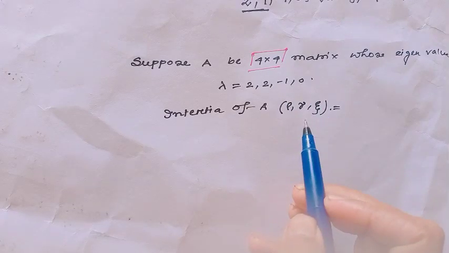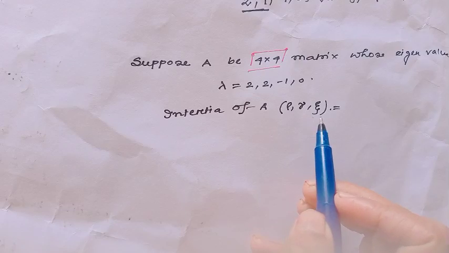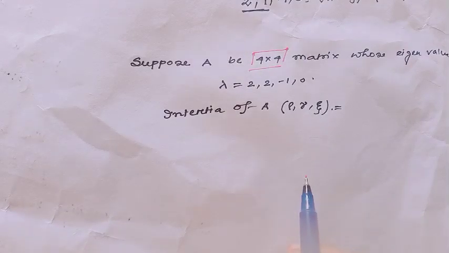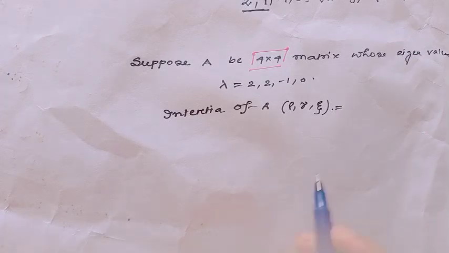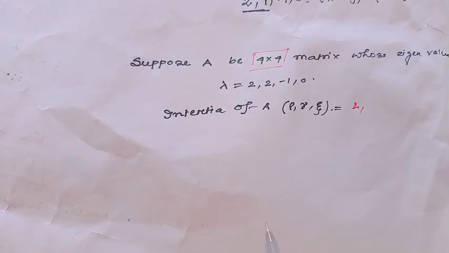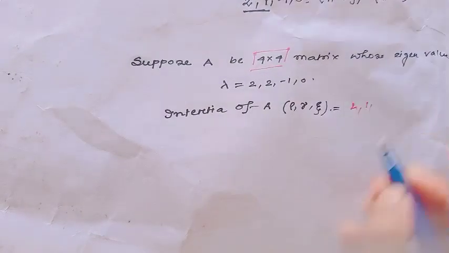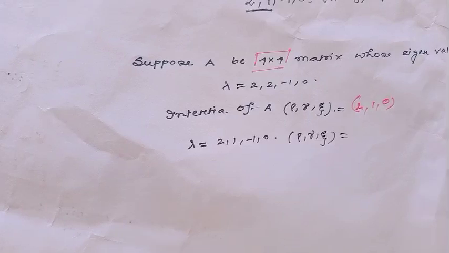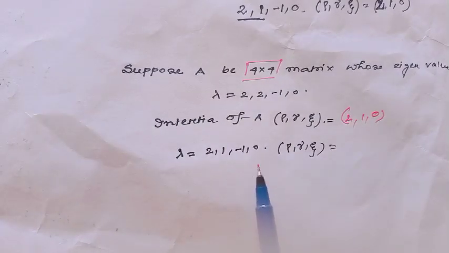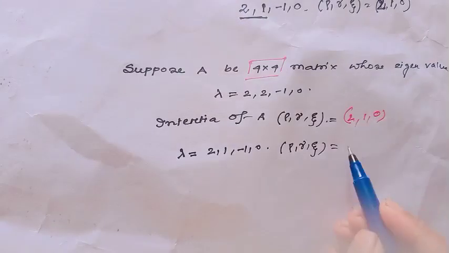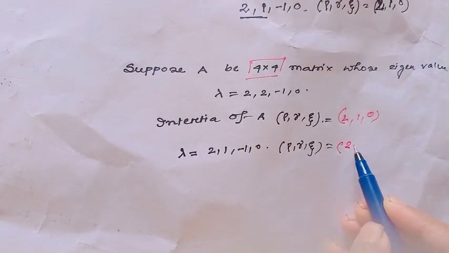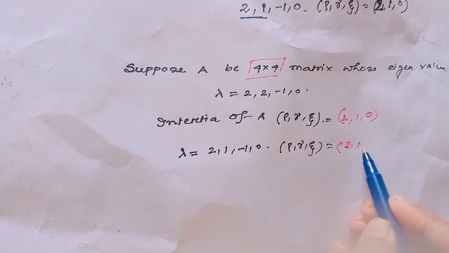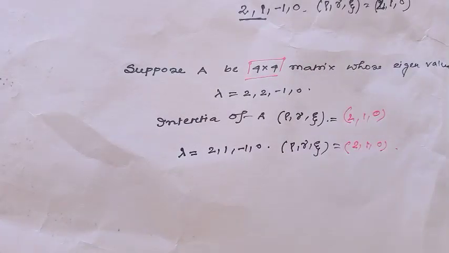Then the inertia of A, denoted as (rho, sigma, xi), where rho is the number of positive eigenvalues, this is 2, sigma is the number of negative eigenvalues, this is 1, and xi is the number of zero eigenvalues, this is 1. Similarly, if we consider the eigenvalues 2, 1, minus 1, 0, then the number of positive eigenvalues is 2, the number of negative eigenvalues is 1 and the number of zero eigenvalues is 1. I hope all my viewers have understood the concept of inertia.